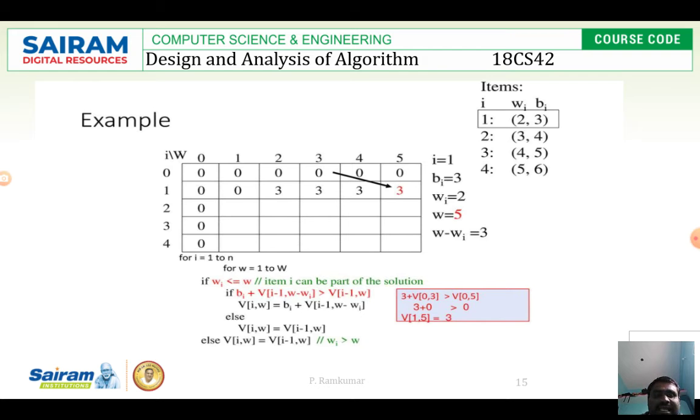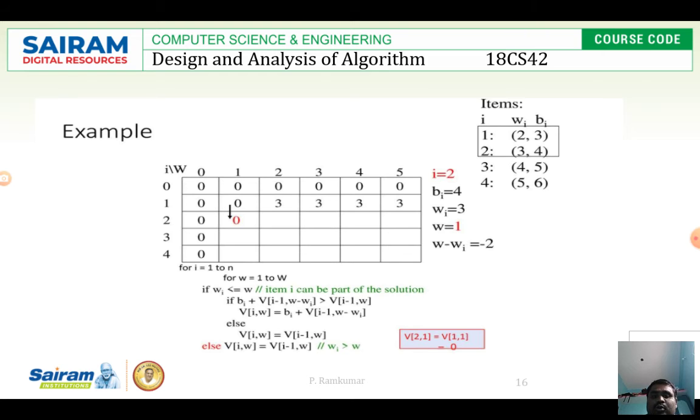Next I will choose the second object. For the second object, weight is 3 kilograms. Benefit is 4. So I will write 4 in 2, 3. Before 2, 3, 2, 1 and 2, 2 are remaining. In those places I can consider the previous row's value.